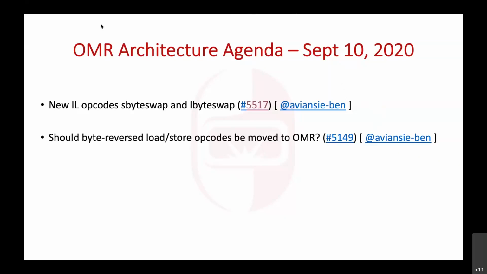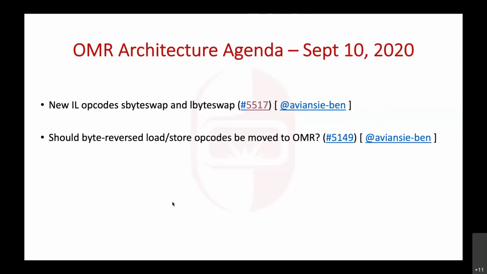Okay. Any other comments on this or any objections to it? If I understand, we're all on the same page about sbyteswap and lbyteswap. Has anybody come up with a use case for abyteswap? Or does anybody have any reason that we should add that? I'd rather not add it until we have a use case.